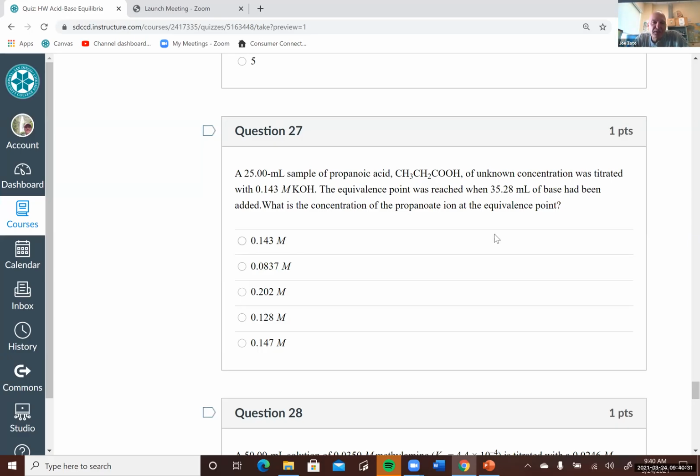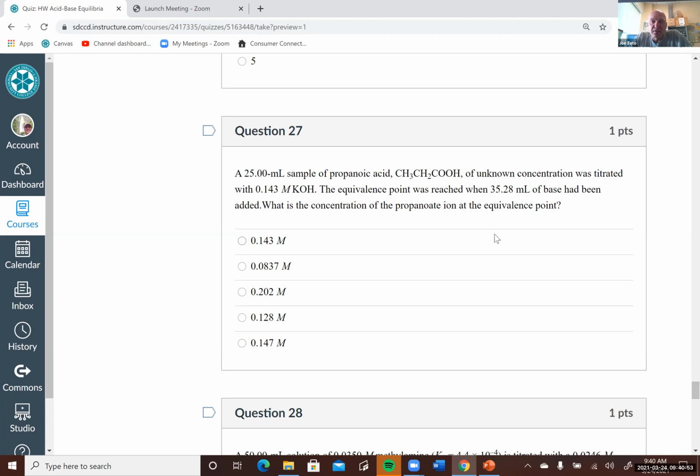Okay, what do we got here? A 25 milliliter sample of propanoic acid, a weak acid, was titrated with potassium hydroxide. The equivalence point was reached at that concentration.